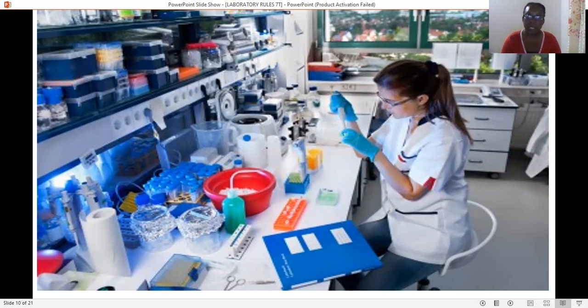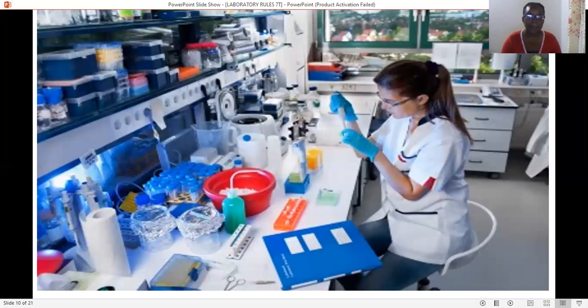there are no spills, there's no broken glass. The lab technician has on her PPEs, that is her gloves, her goggles, her lab coat, her hair is also tied back with lab practice.